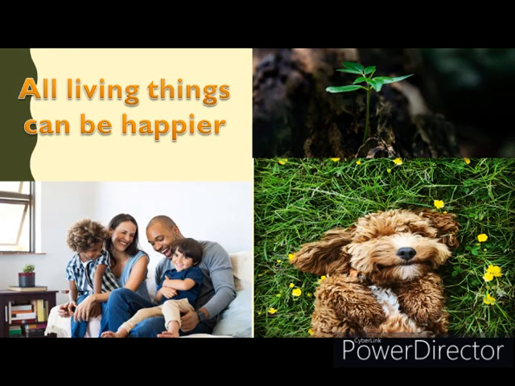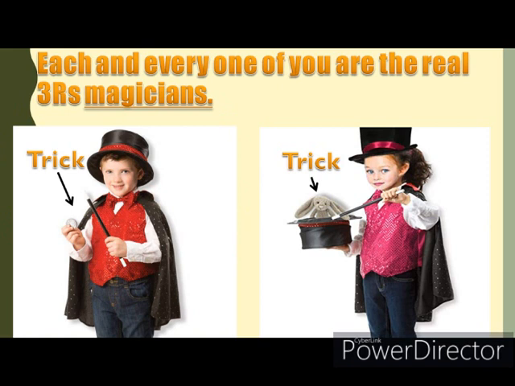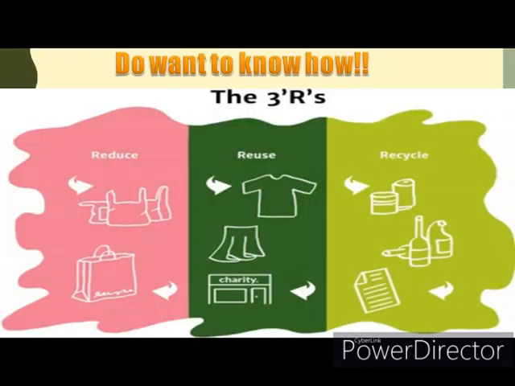Together they can make all living things, as well as myself, happier. I said they are almost magical because without your help, it won't work. They need all of you children in order to do the trick. Each and every one of you is a real 3 R's magician, with 3 words which can change the whole world. Do you want to know how?